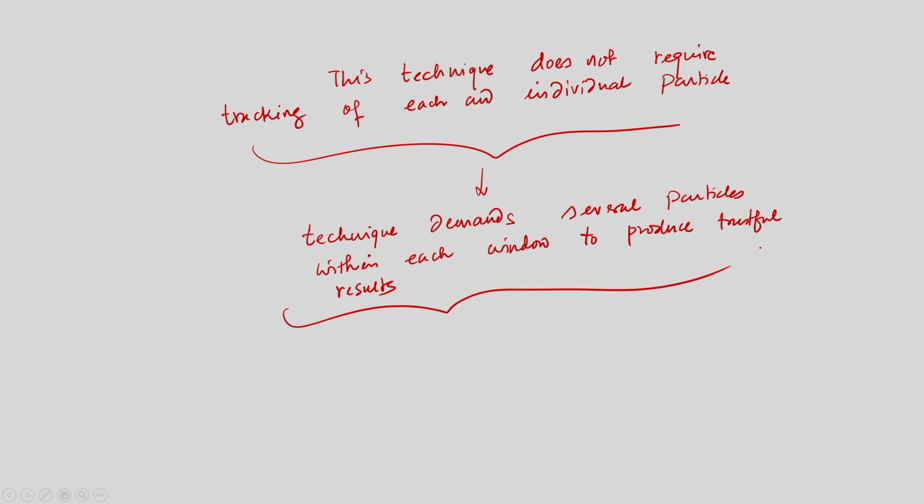So, this is another important problem. That means, although we are not required to track individual particles, this technique demands that several particles should be considered within each window to produce trustful results.